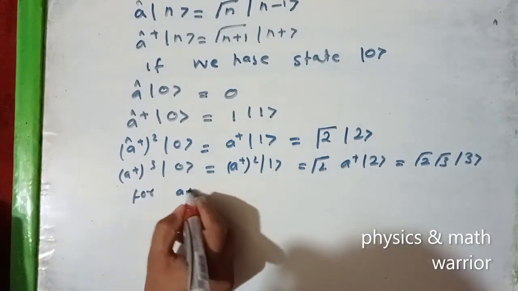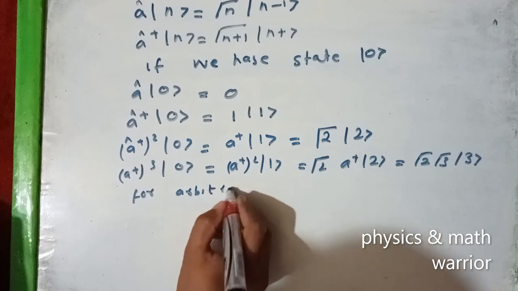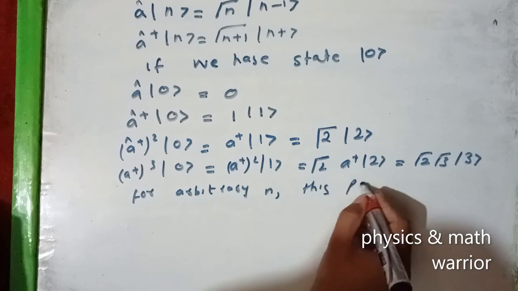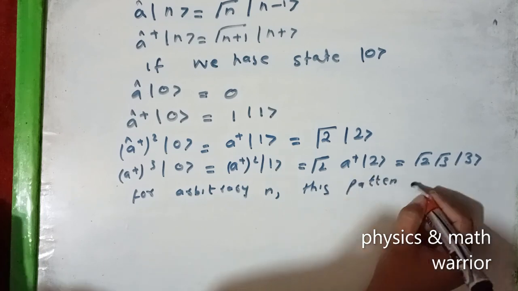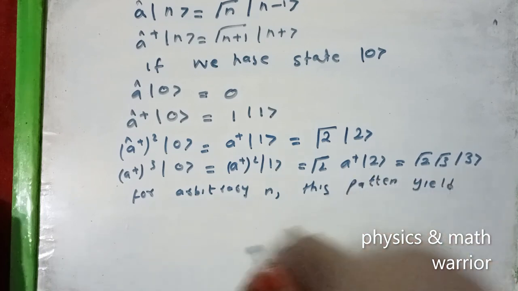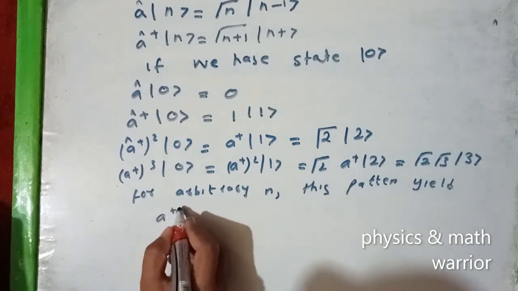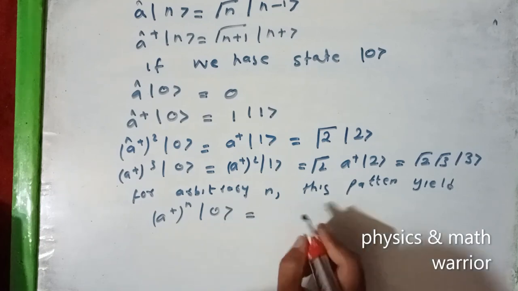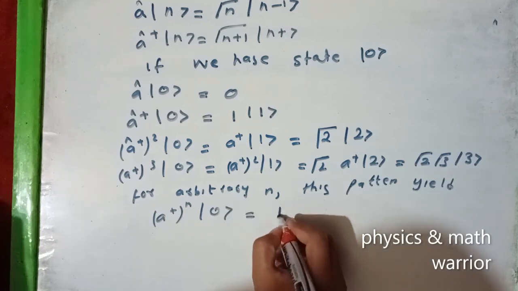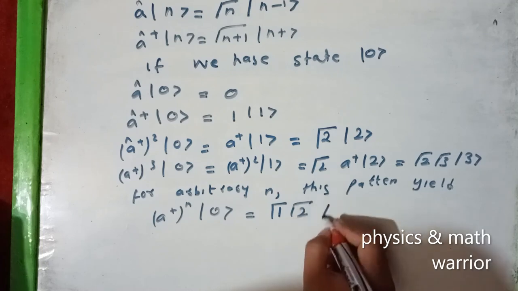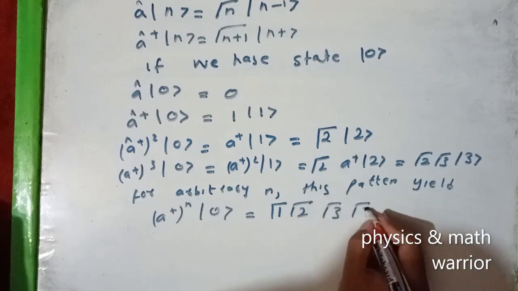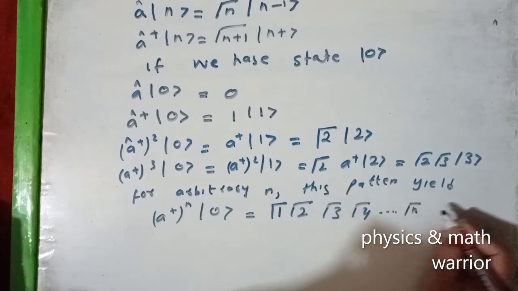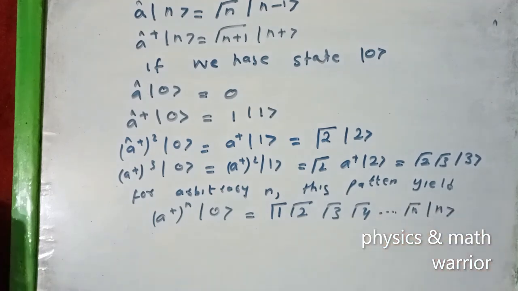For arbitrary n, this pattern yields: when a dagger acts on state 0 n times, it gives us square root 1 square root 2 square root 3 square root 4 and so on up to square root n with state n.